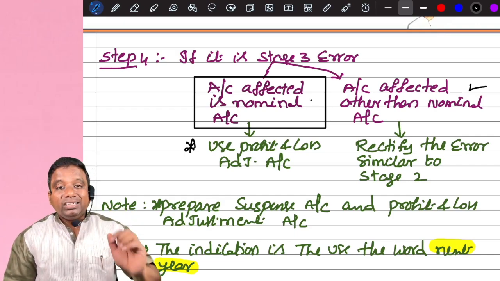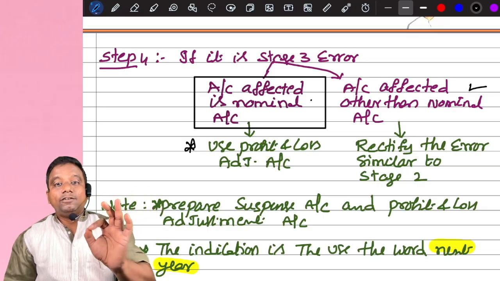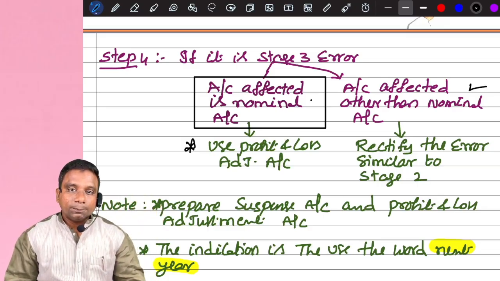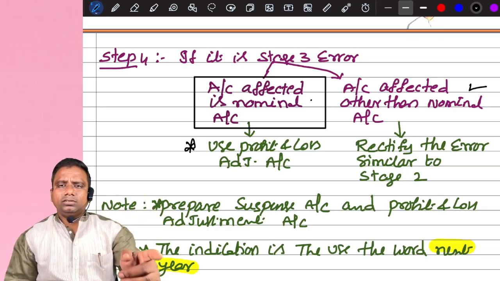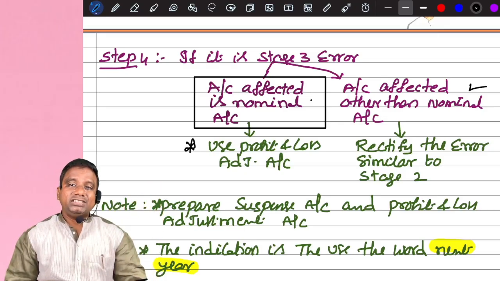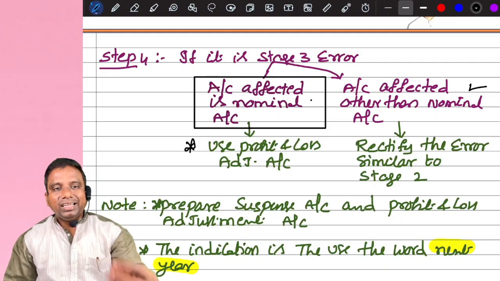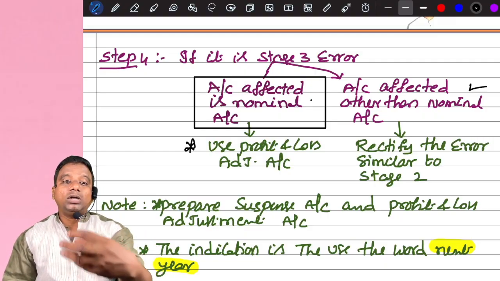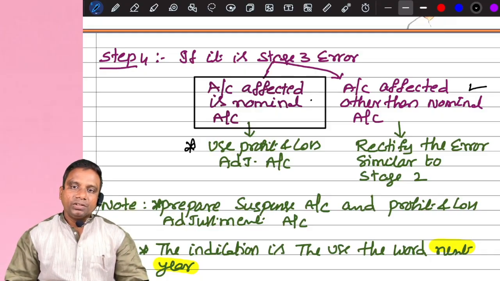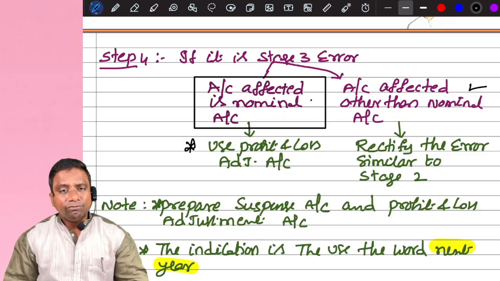If the account affected is a nominal account, then in the place of the nominal account, use the word profit and loss adjustment account. If the account affected is a real or personal account, then you can rectify the error as in the case of stage 2. This is very, very important. Here also we take the help of suspense account, if needed, to complete the rectification entry.